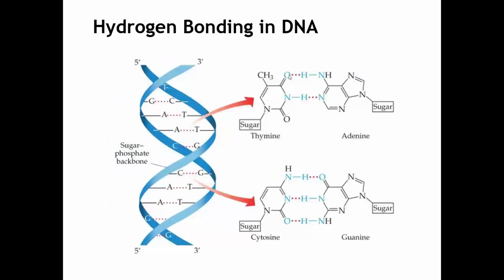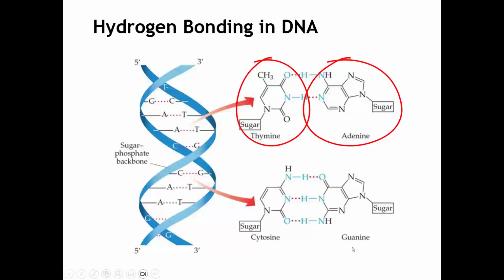Another implication of hydrogen bonding we can see in the double helix structure of DNA. These blue ribbons represent the sugar phosphate backbone of a strand of DNA. And off of these sugar phosphate backbones, we have what are called base pairs. And the base pairs, there are 4 different types: thymine, adenine, cytosine, and guanine.